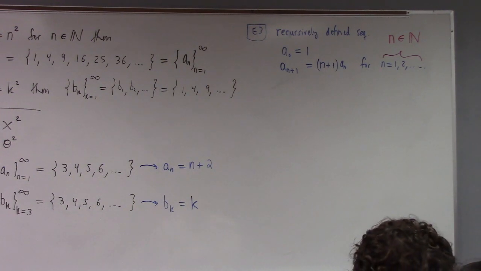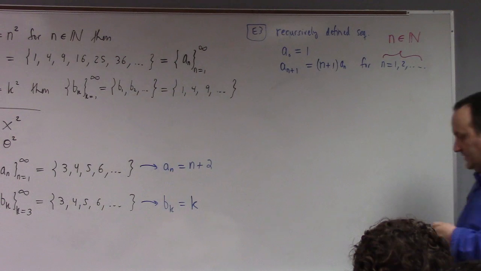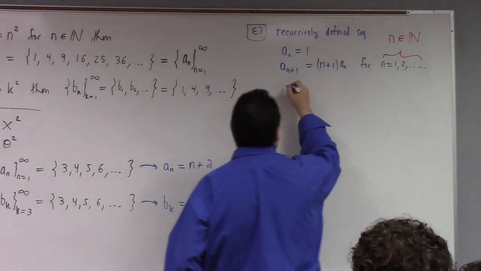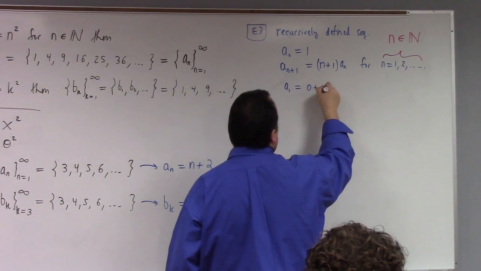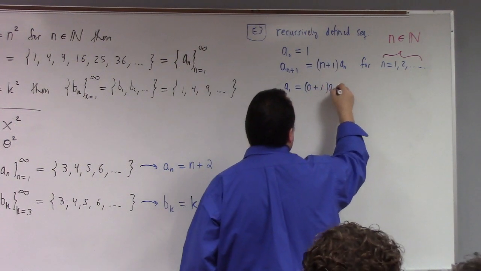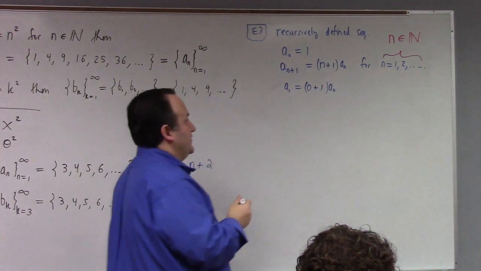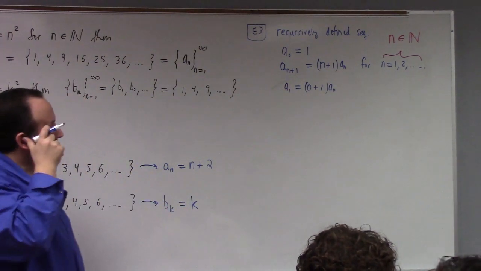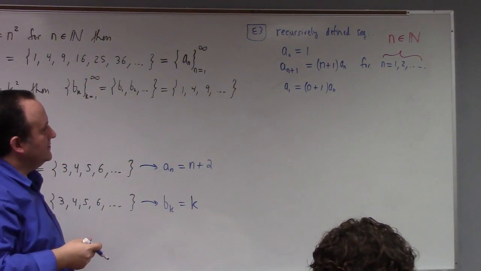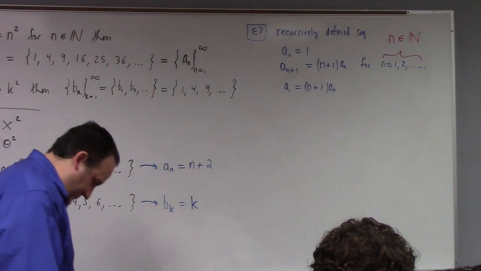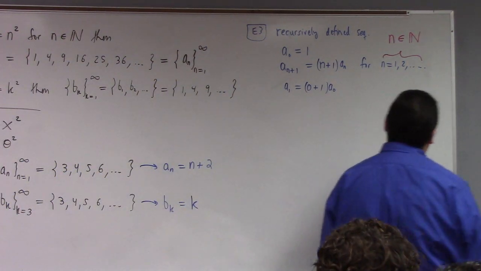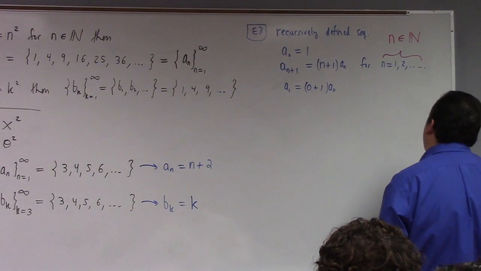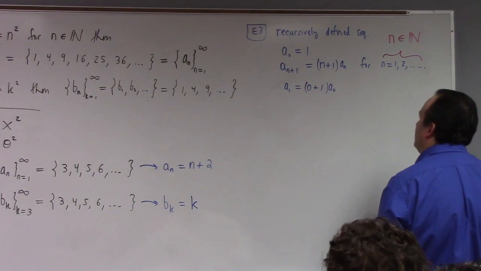So let's work it out. Well, a0 I gave you, right? What's a1? 0 plus 1 times a0, right? Put n equals 0 there. Aw, man.